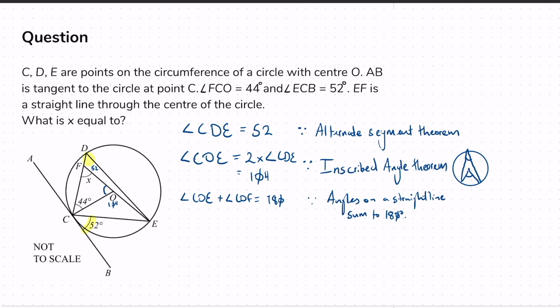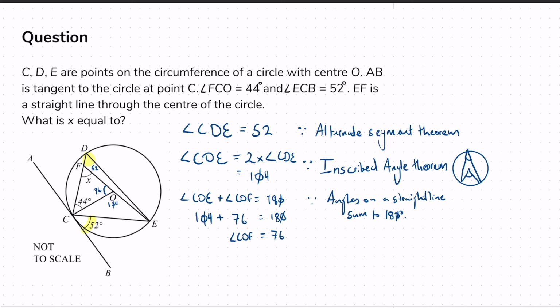So 104 plus something equals 180. Well, it's going to be 104 plus 76 equals 180. So COF equals 76.